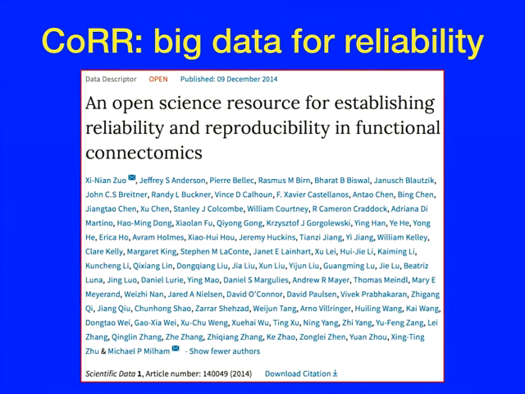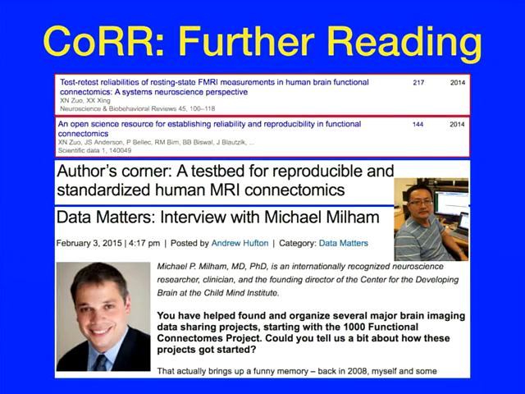This is the paper we published, and I'll give you a list of further reading about reliability. This is the consortium data paper. We have another hardcore consortium paper in progress. It's very hard to get published because this really challenges the field.